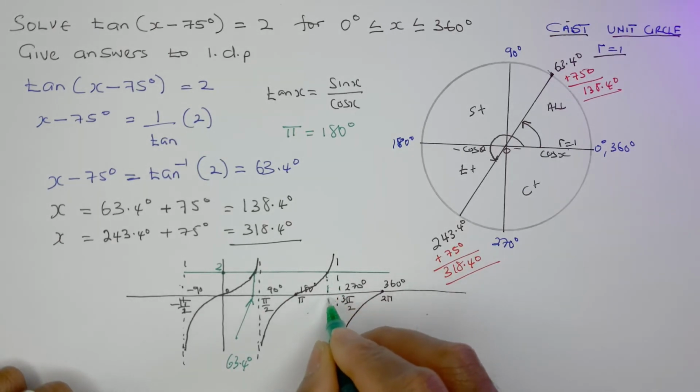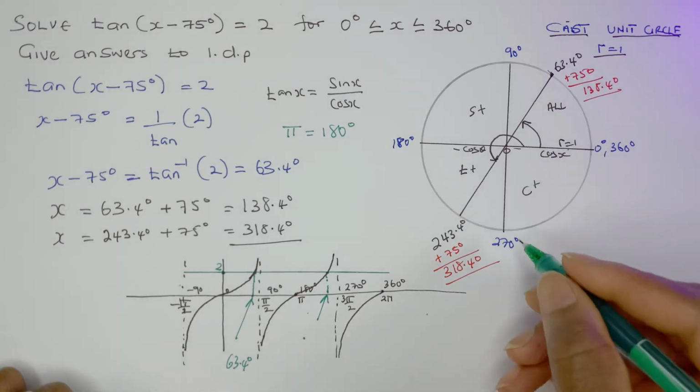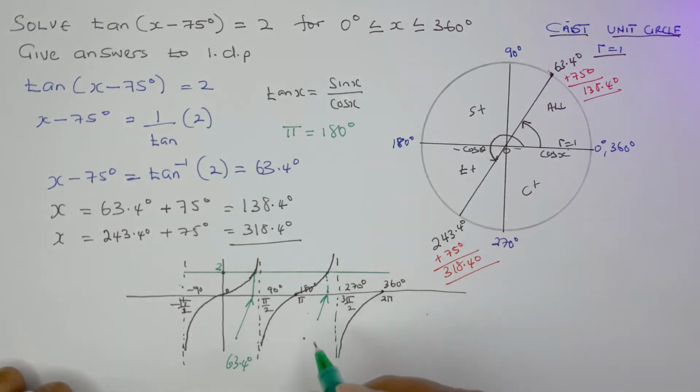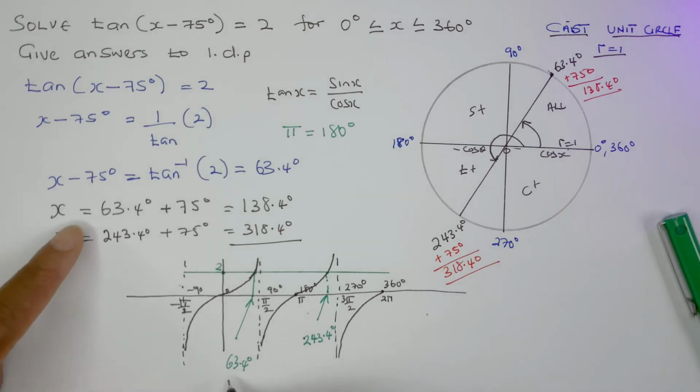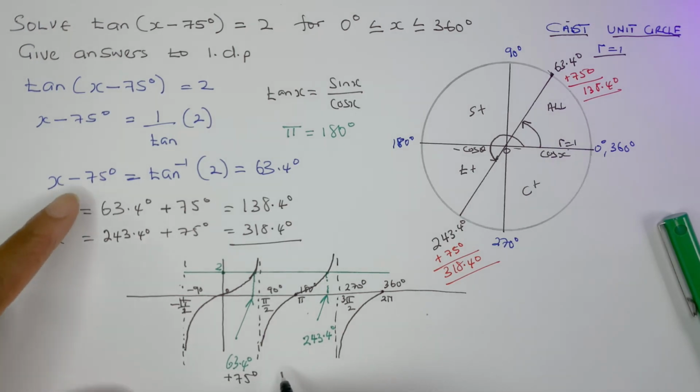So that one here will be 180 plus 63.4, so that'll be 243.4 degrees. Now, we need to add 75 to get x, because you have to make x the subject, so you take 75 to that side.